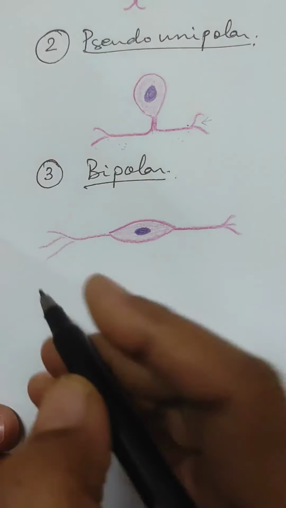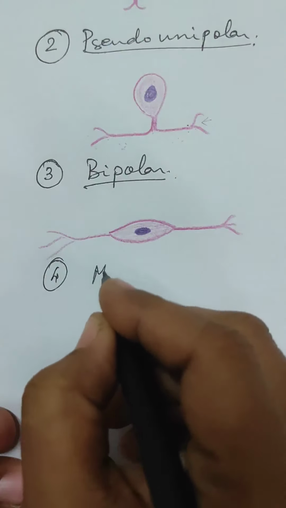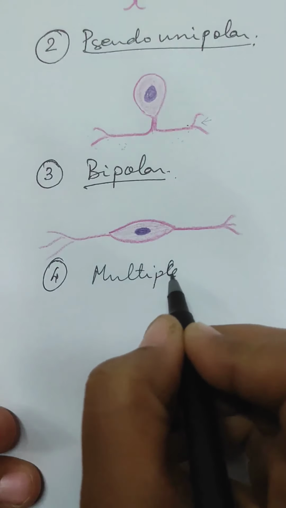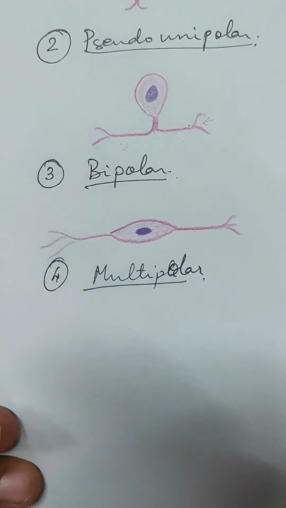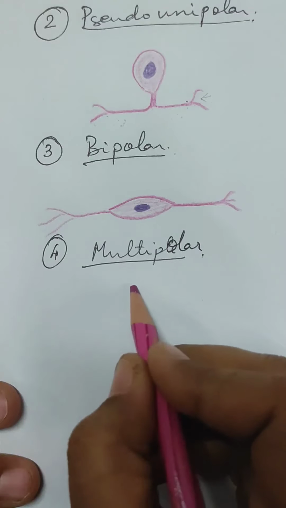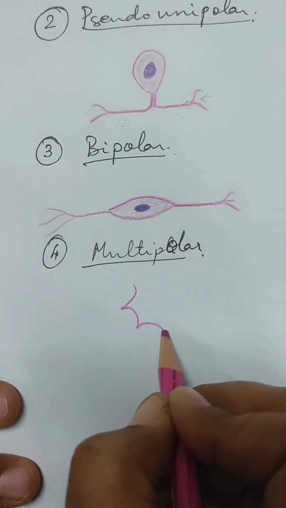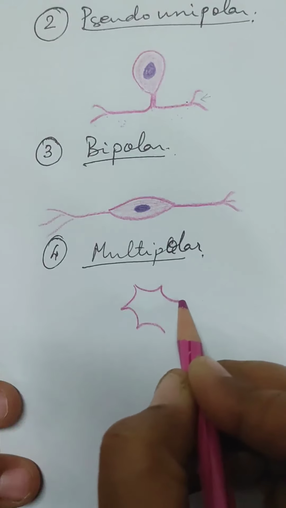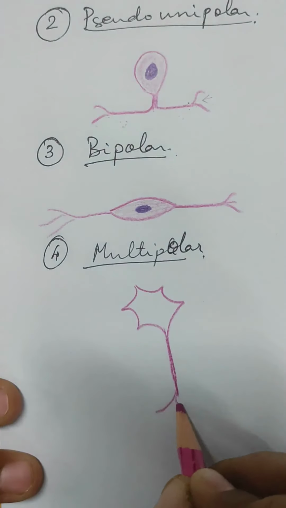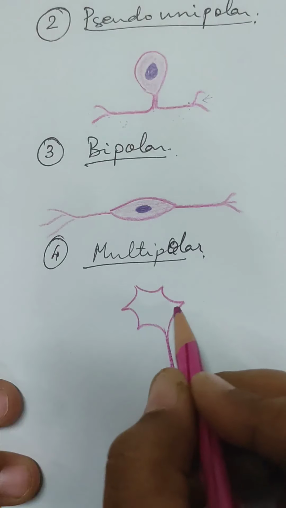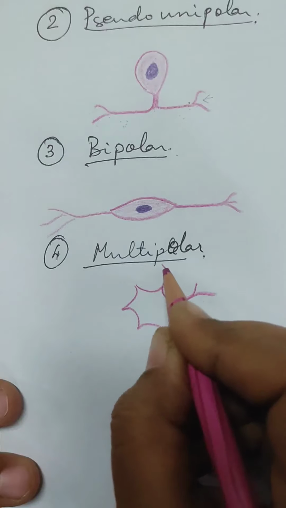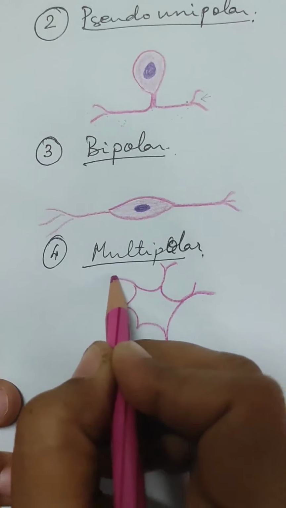The last one is the multipolar. That means there will be multiple poles. The usual neuron which we study in school is like this. This is one pole from where dendrites are attached.